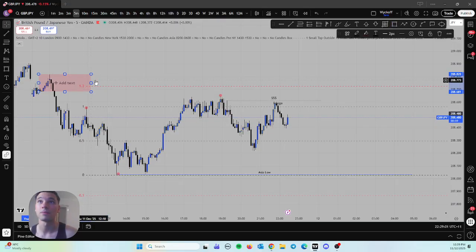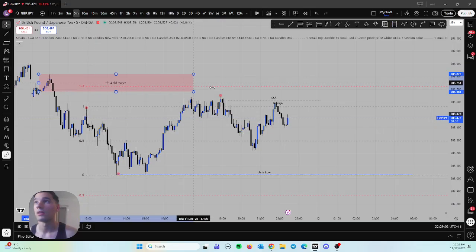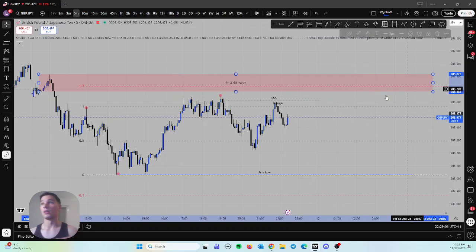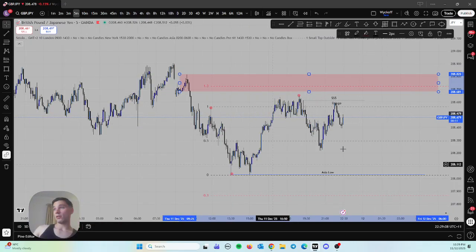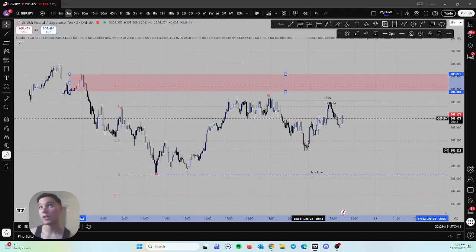Then I think price might then. Yeah, I reckon we're going to get a fill of this supply area, and then we're going to potentially take out those Asia lows.